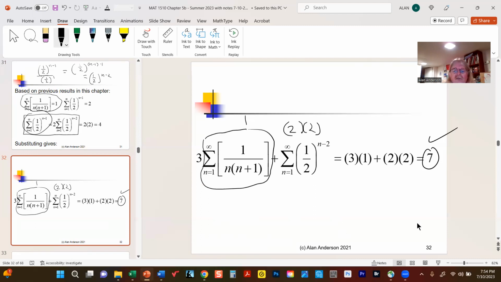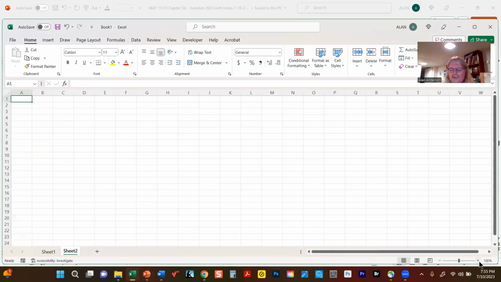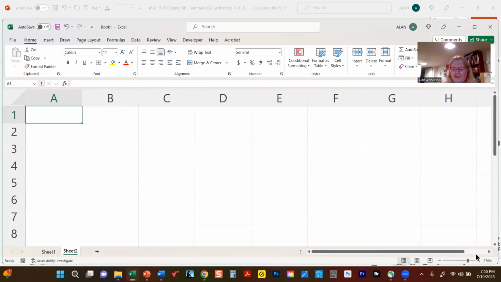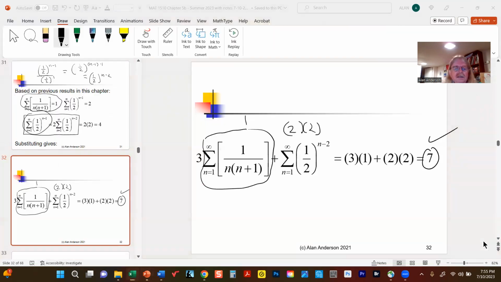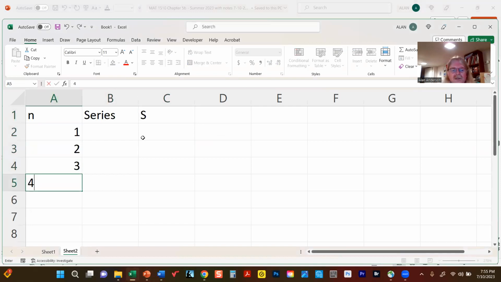And if you don't believe it, you can go back to our friend Excel, although you don't have to do this, but you might think about it. I'm not even going to put this in the header. And here's the sum. So the n's go from 1 to 2 to 3, et cetera.